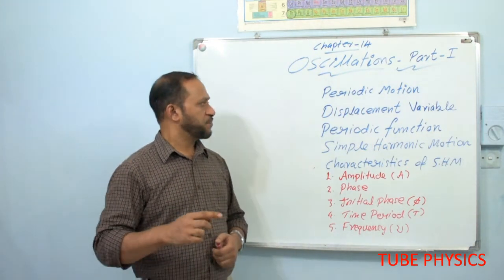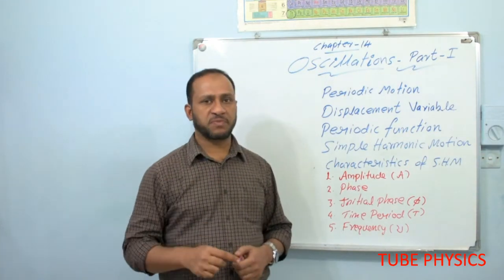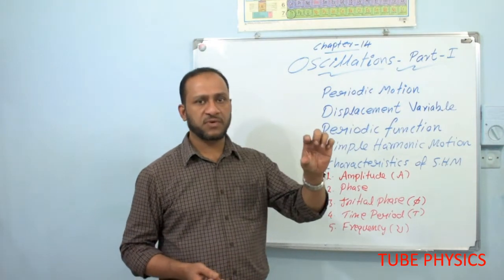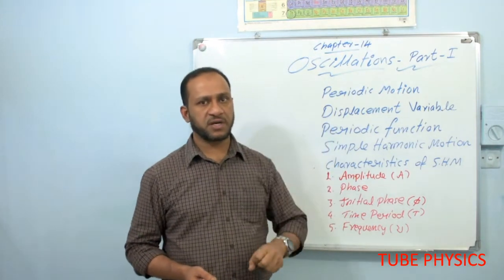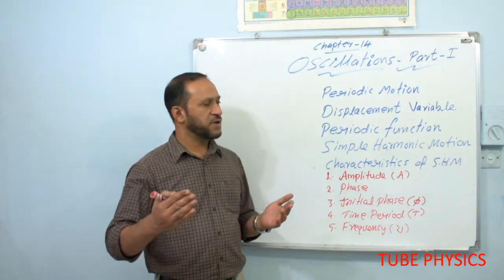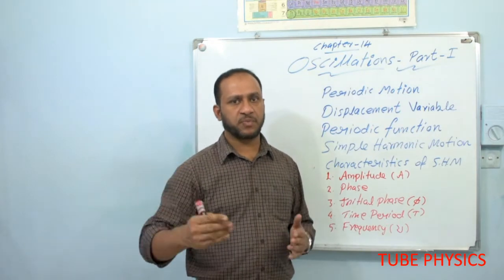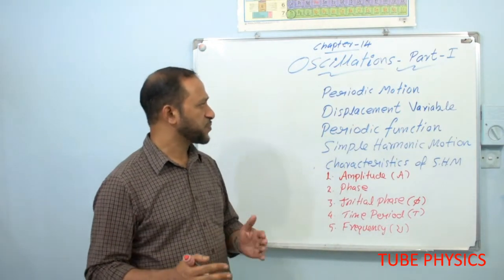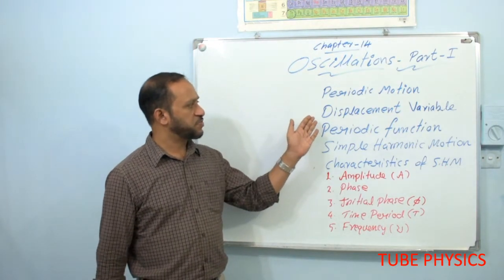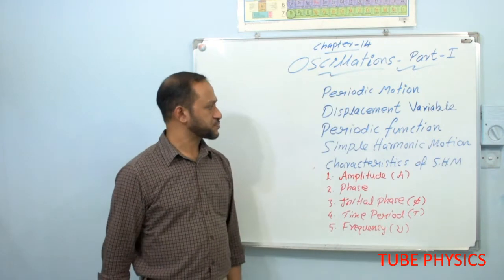It can be the electric field vector in case of electrical displacement, or the varying electric current in case of alternating current. And it can even be the normal displacement from the initial and final position. So any physical quantity which varies with time is called a displacement variable in this lesson of oscillation.